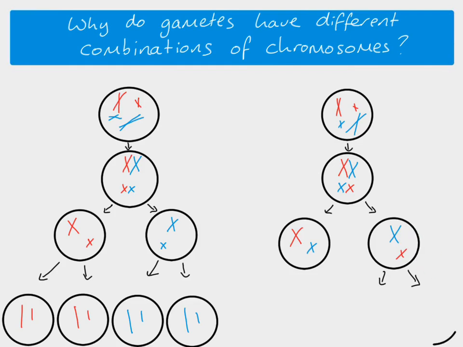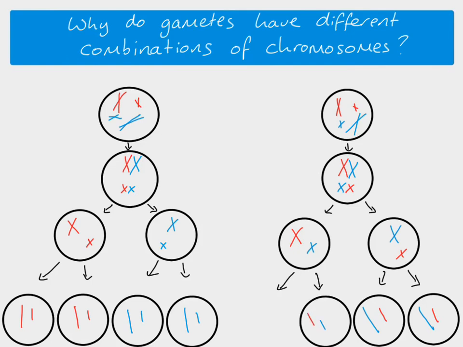So when we then go through meiosis 2 and look at the gametes that we end up with, we see that we have different chromosome combinations in these cells compared to these cells here. The only reason that we've got different combinations is because during metaphase 1 the homologous pairs lined up differently on the equator.